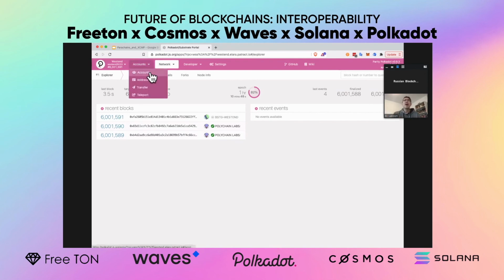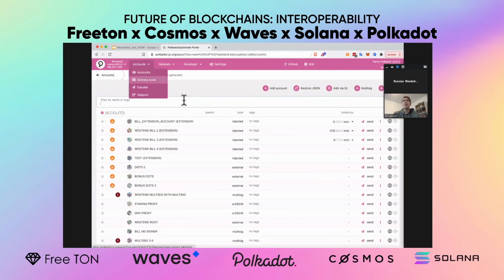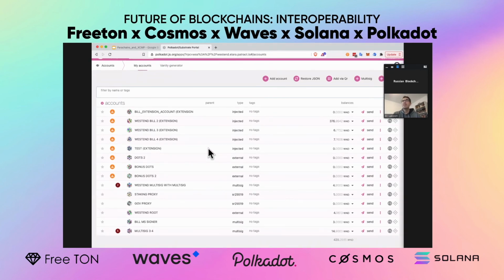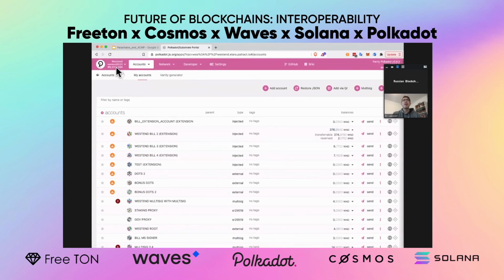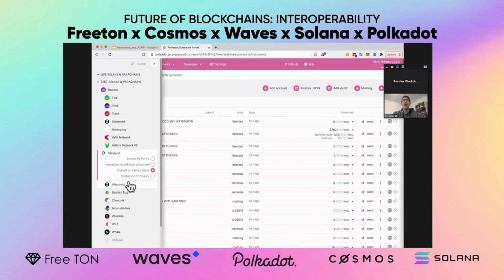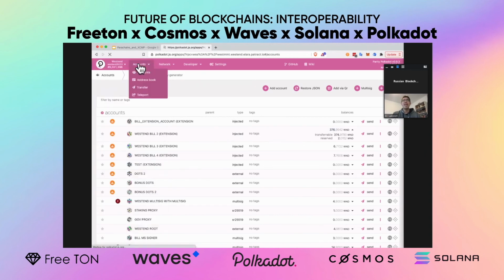So if I look at my accounts, I can see my Westend Bill 2 here has 376 Westies, our testnet tokens, WNDs. And I'm going to move them over to Westmint. So Westmint is our other network. So I have 376 on Westend.